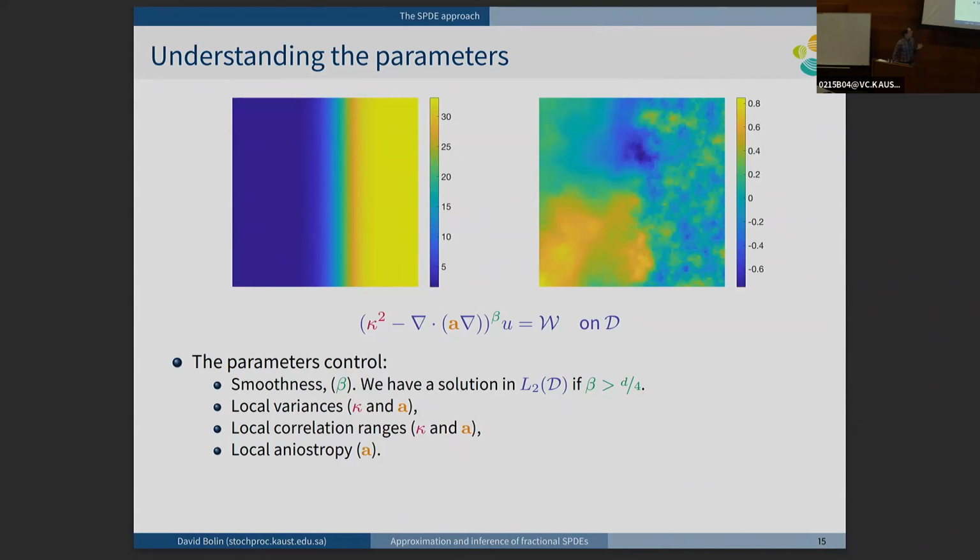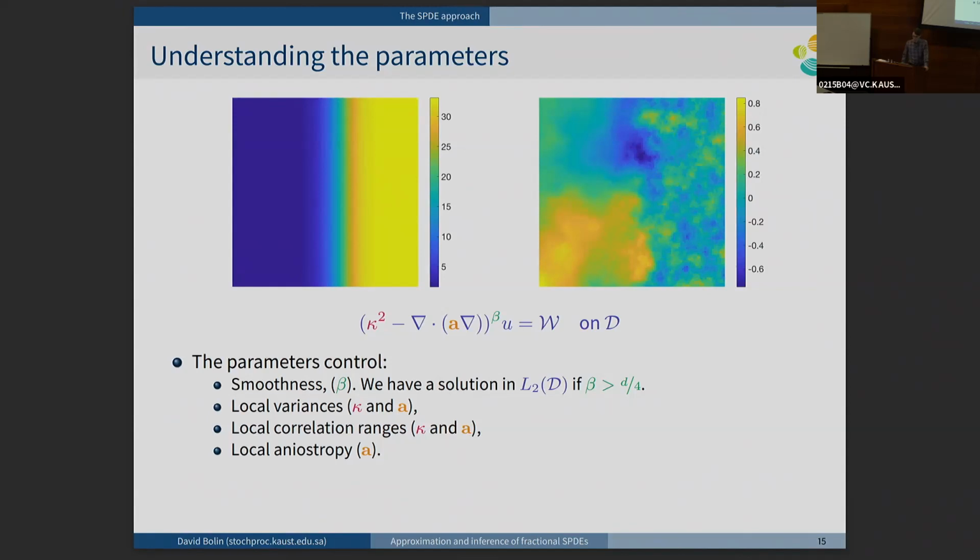This smoothness parameter is what controls the smoothness of the solution. You can show that we have solutions which are in L2 as long as beta is greater than d over 4, where d again was the dimension. You can also show that if you further increase the value of beta, you will gain Hölder regularity of the sample paths.